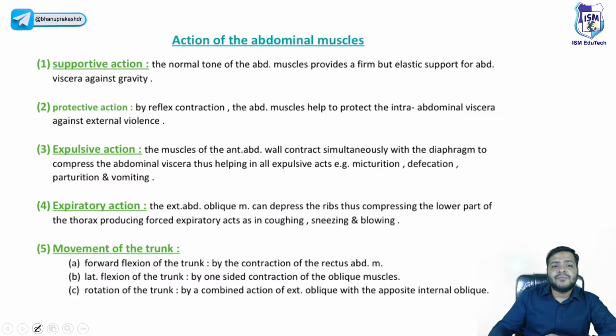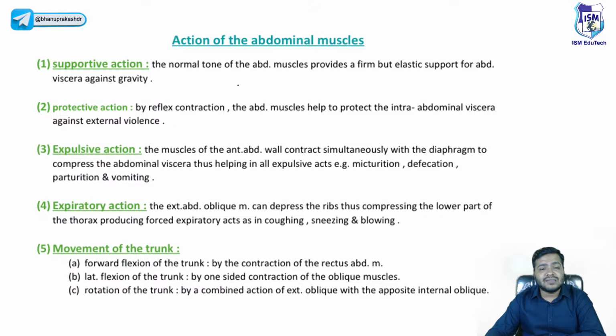Apart from that, we have protective action. When I say viscera, basically the abdominal organs: the stomach, the pancreas, spleen, the large intestine, the small intestine. Protective action, basically by reflex contraction, they help to protect the intra-abdominal viscera against external violence, right?